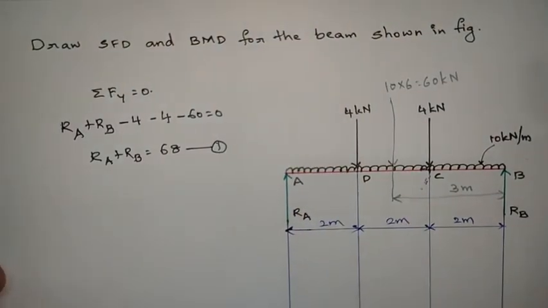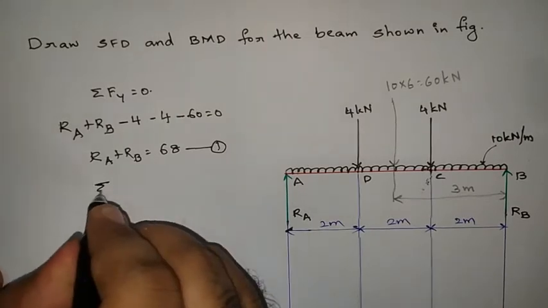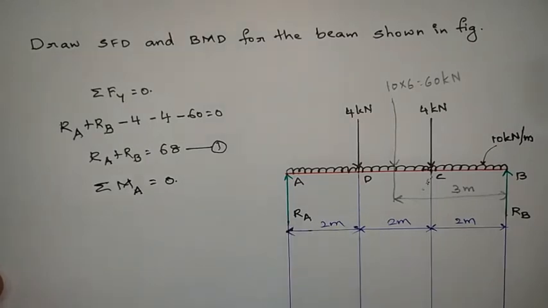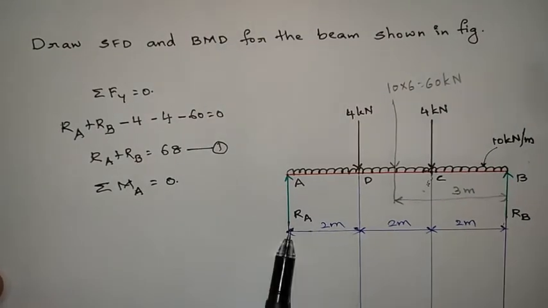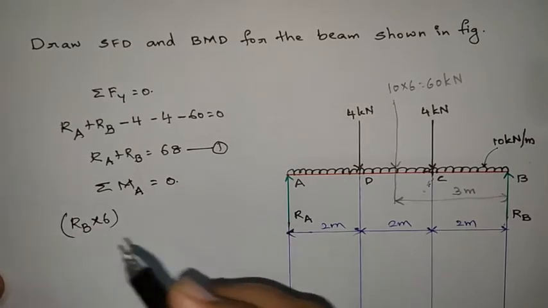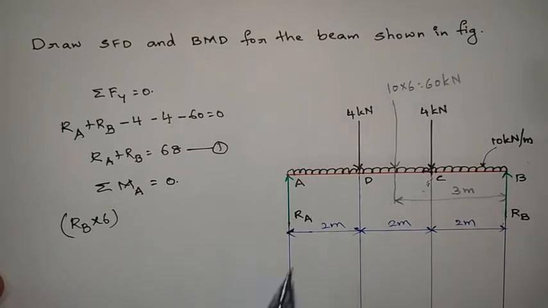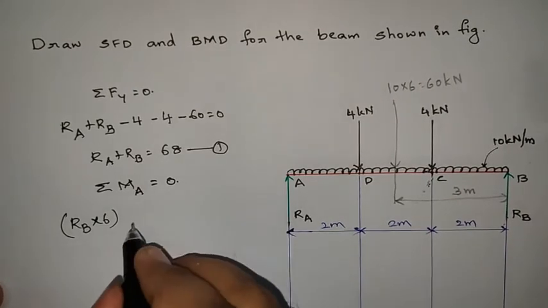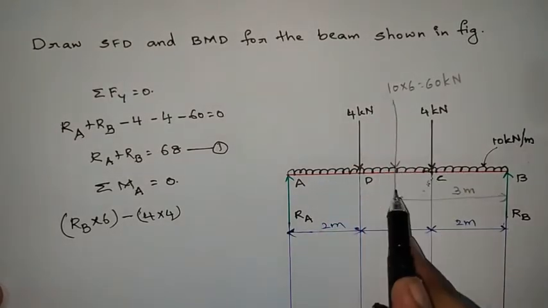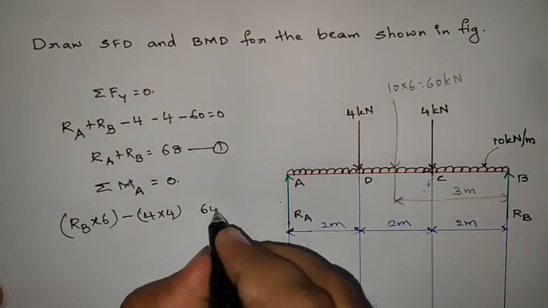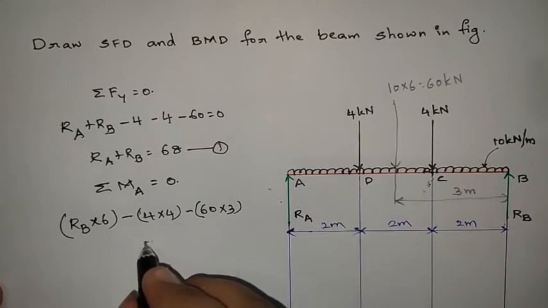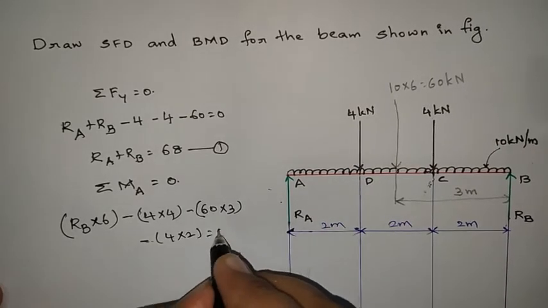Next, take the moments. So sigma M with respect to point A is equal to 0. Then RB into 6, that is anti-clockwise moment, plus next 4 into 4, so that is clockwise moment, minus next 60 into 3, clockwise moment, minus next 4 into 2, that is also minus, equals to 0.